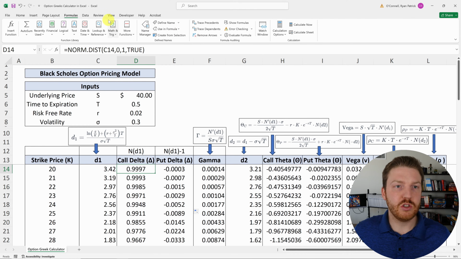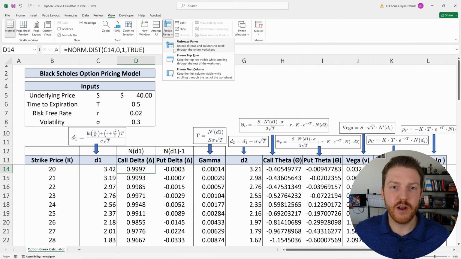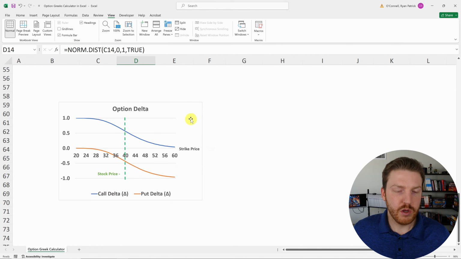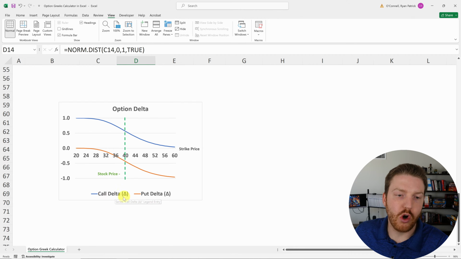And so let's just take a look at a very interesting graph. If I scroll all the way down to the bottom, we'll see this. So the blue line represents call delta. The orange line represents put delta. I have marked with this dashed green line our underlying stock's price at $40.